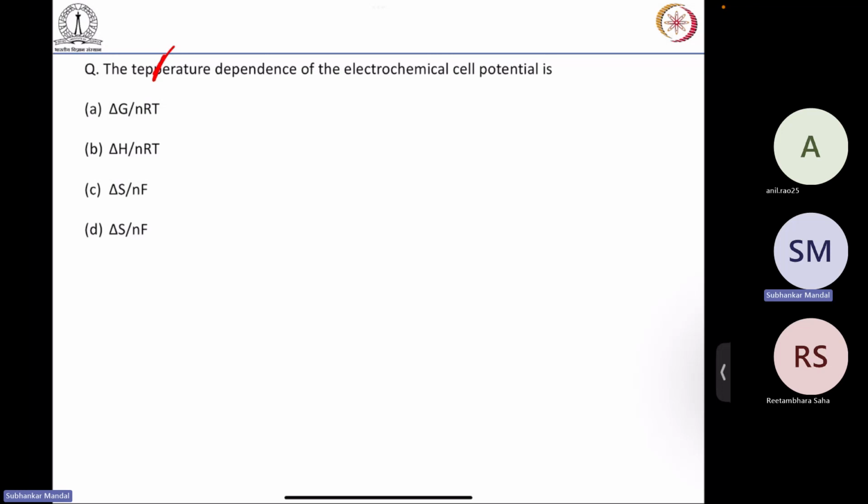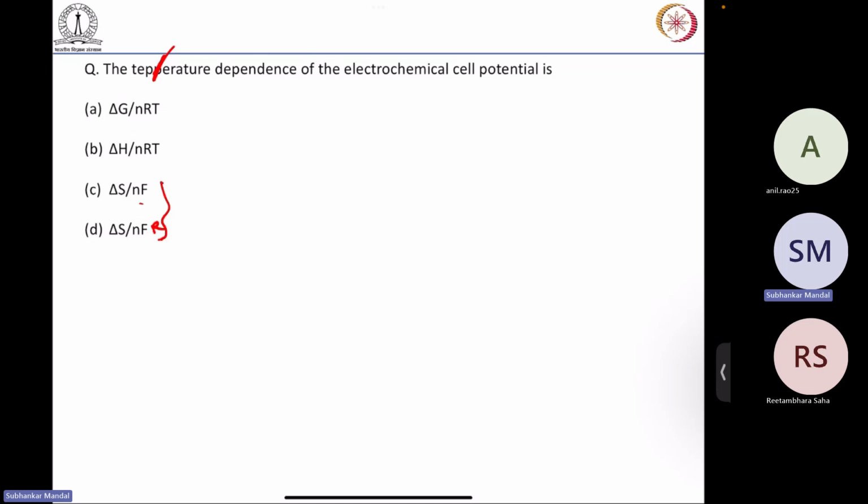Option A is delta G by nRT, then delta H by nRT, delta S by nF, and delta S by nF. I think two options are the same, so maybe there is some mistake; maybe one is nFR. So what will be the answer?